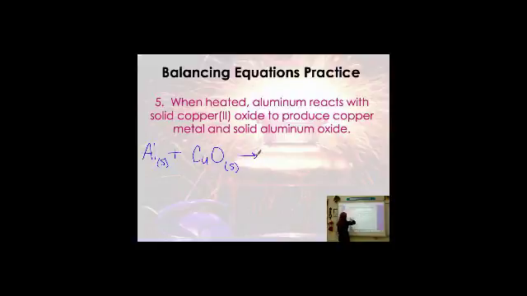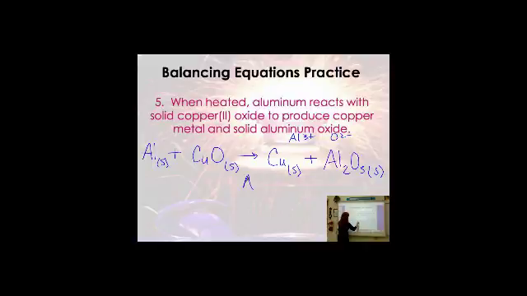To produce copper metal, copper all by itself, metals are solids, and aluminum oxide. Aluminum is a 3 plus. Oxide is a 2 minus. You can do your drop-in swaps. Al2O3, and that's solid as well.